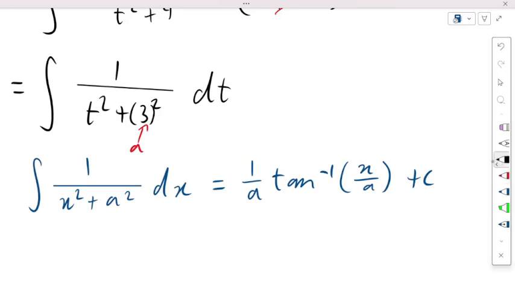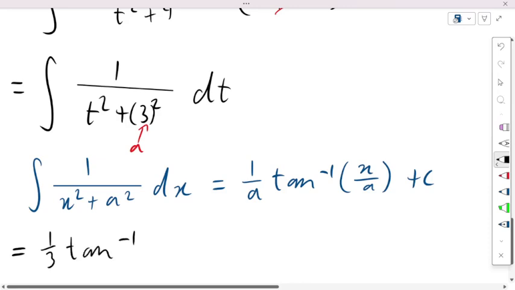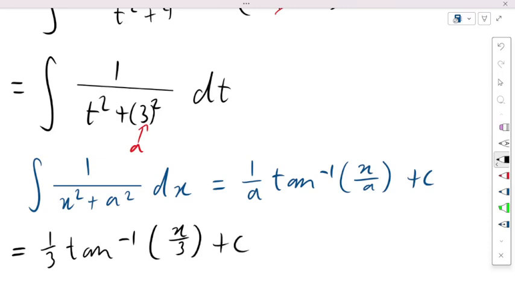So let's do that substitution. We don't actually have to do the integral, we can just do the substitution here. Our a value is 3, so here 1 over a, which is 1 over 3, arctangent of x over a, in this case it's x over 3, plus c.